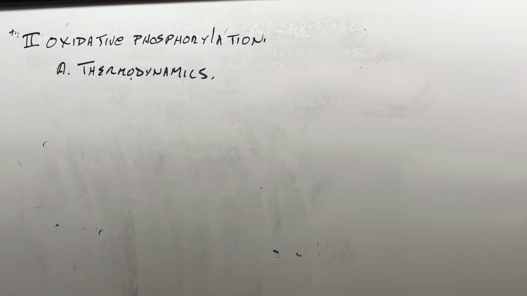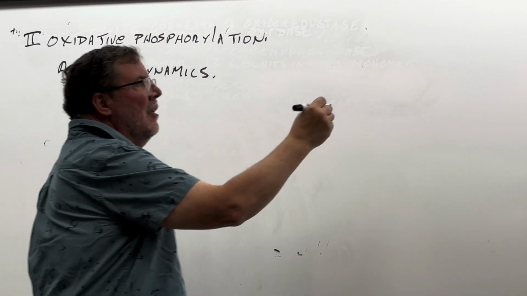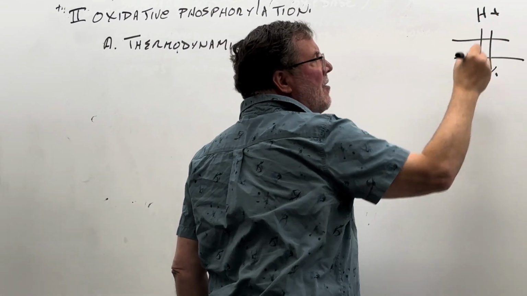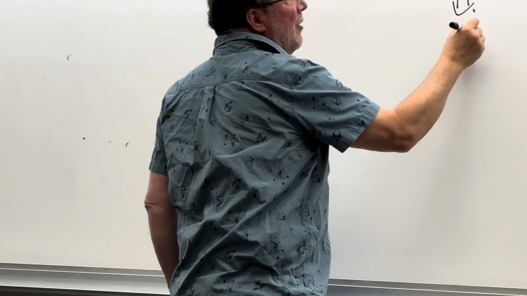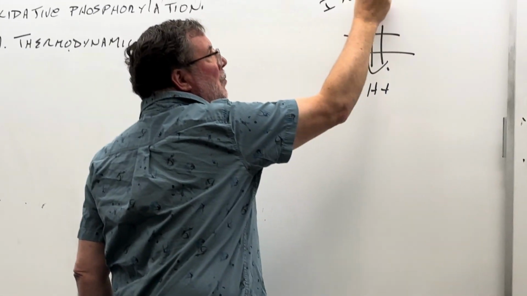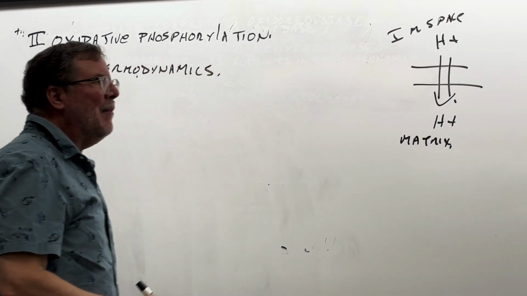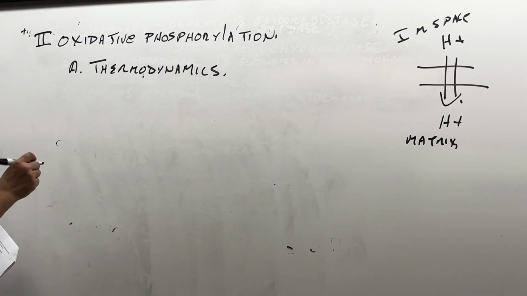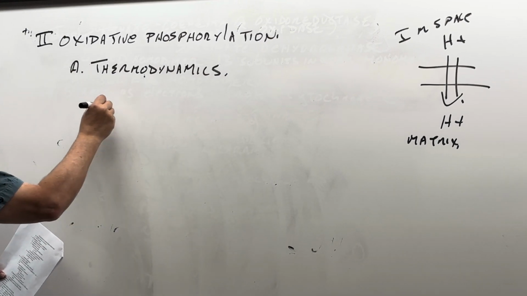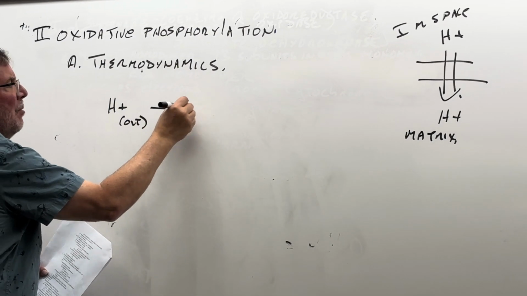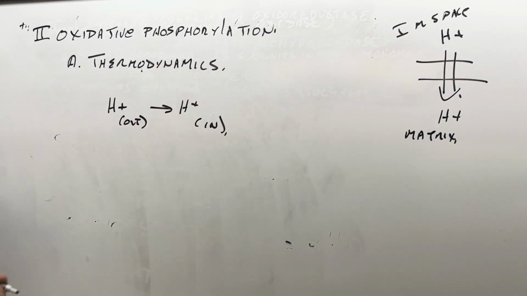So we can think about the movement of those hydrogen ions from the IM space to the matrix almost like a chemical reaction. We can basically say we have our H+ out going to the H+ in. We can think of that as a chemical reaction.